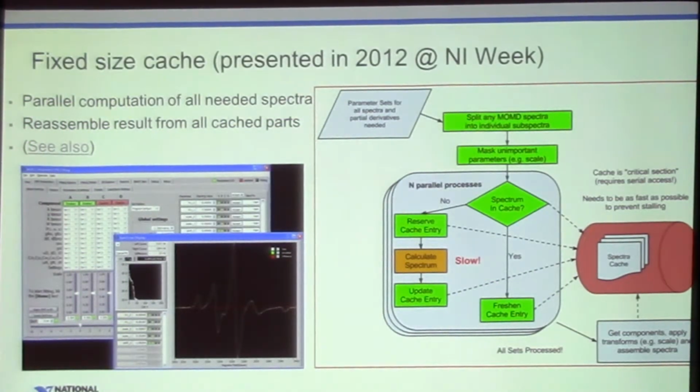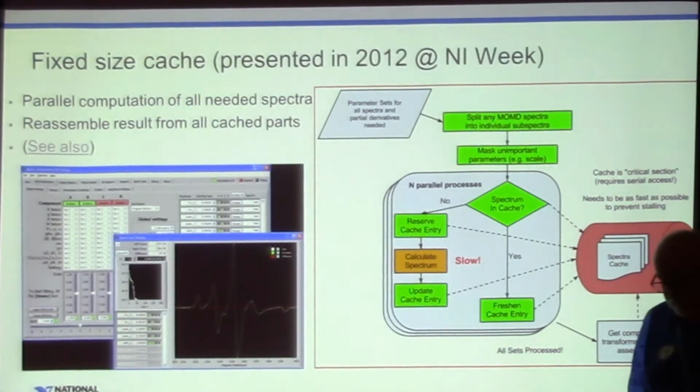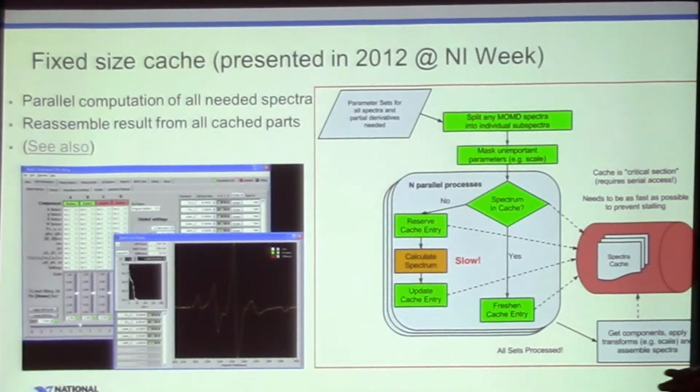At NIWeek 2012, I demonstrated something that I need in my research, which is a caching application. I have a very complicated function that has many input parameters, and often some of those are the same, and I don't need to recalculate the function because recalculating it is very expensive.